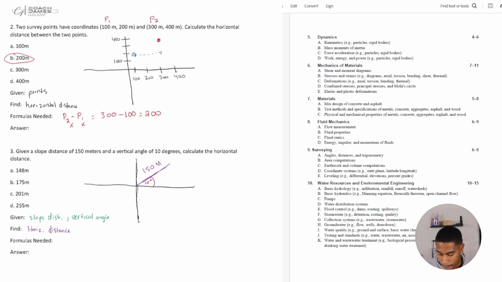Well, cosine is typically what we use. This is the X component that we need, and green is the X component. So to be able to get that, you would need to do the cosine.